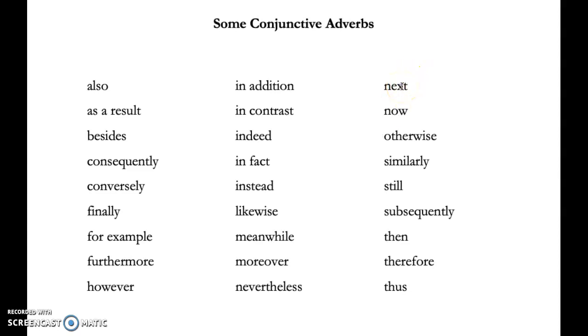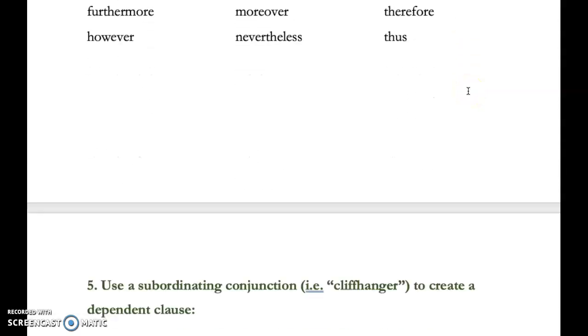Next means one thing happened, and then the next thing happened. Furthermore means one thing happened, and also another thing happened. So as you are writing, you might want to have this list in front of you because it's a nice list of different sorts of ways to connect sentences.